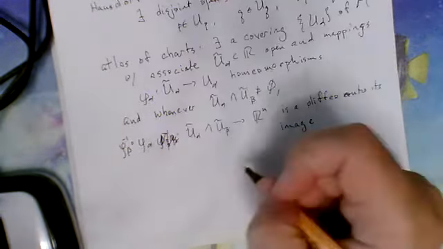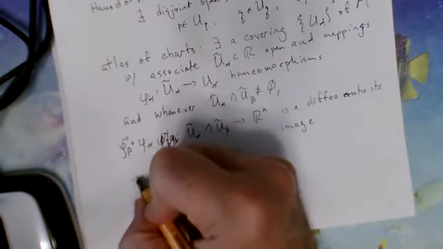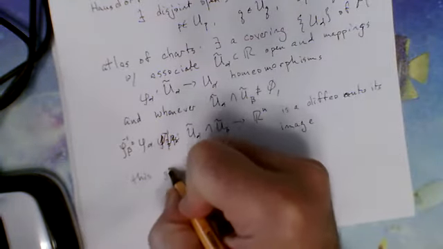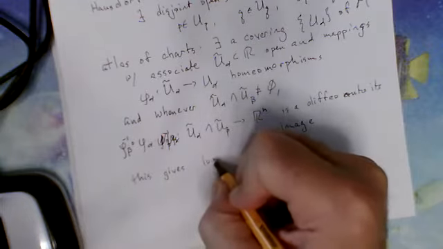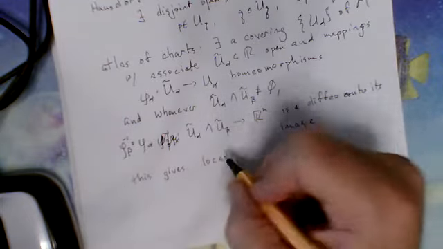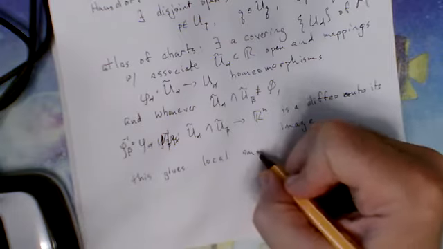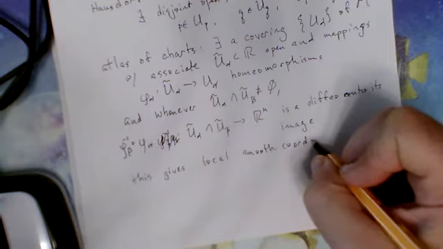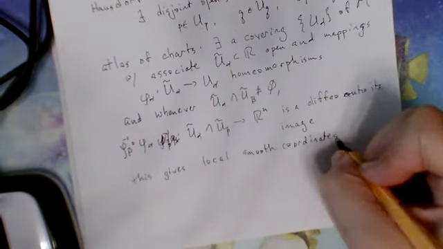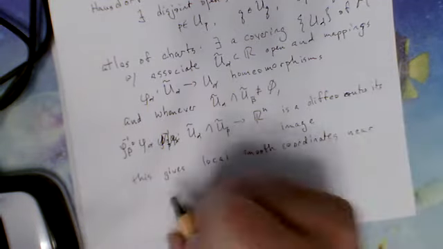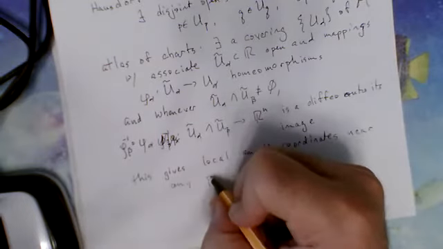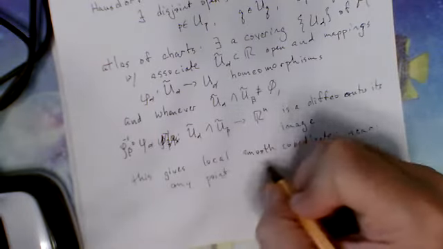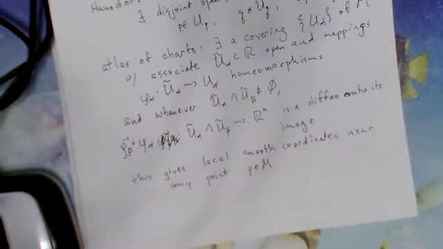So what does this mean? This means that once I have this collection of coordinate charts, this gives local smooth coordinates near any point on my manifold.